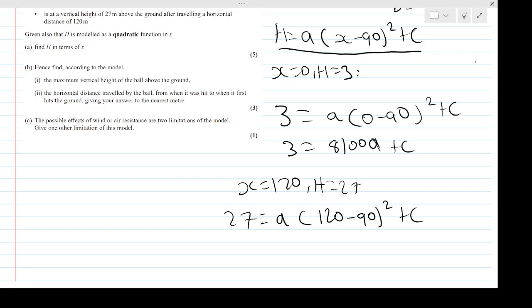Okay, so then I can expand that out. So 27 is going to be a lots of 120 take away 90. That's going to be 30 squared. So 30 squared then is going to be 900a plus c.